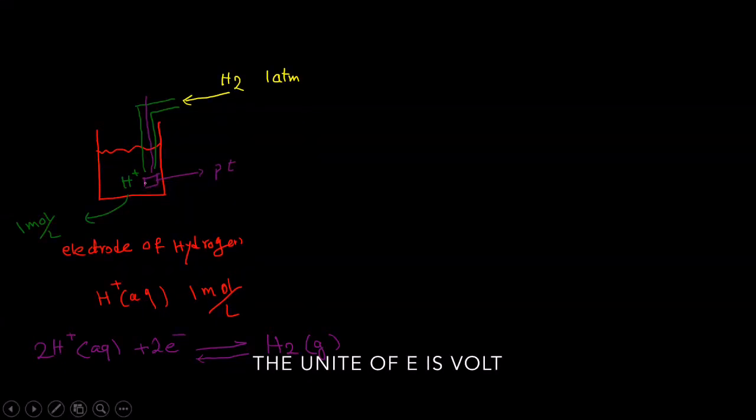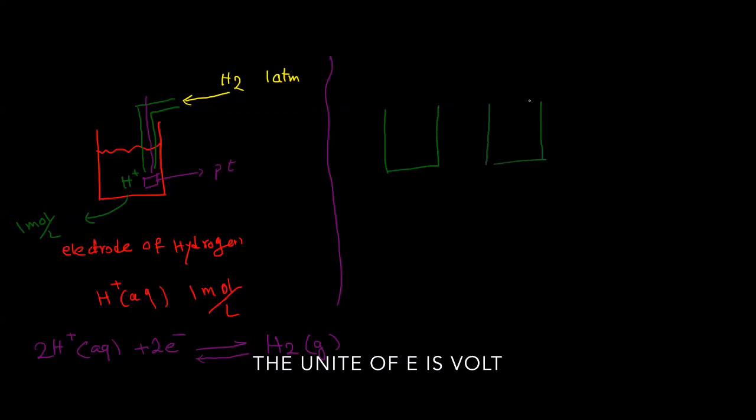For finding the potential of different cells, I need to make cells where one of the half cells is hydrogen and the other is something whose potential I want to find. For example, let's say I have again 2 beakers.